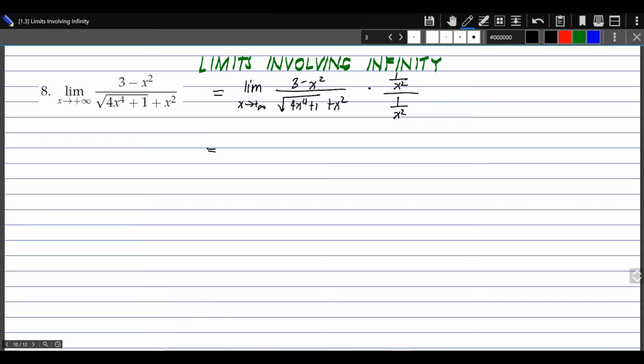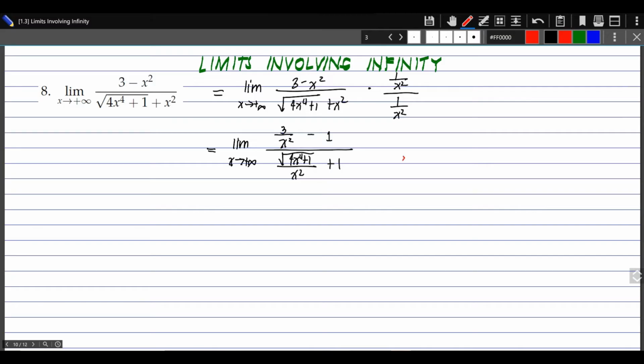So dividing, this will be equal to the limit of 3 over x squared minus 1 all over the square root of 4x raised to 4 plus 1 all over x squared plus 1 as x goes to positive infinity.